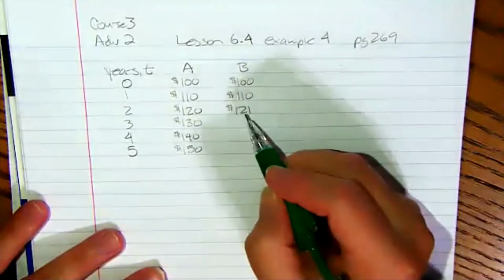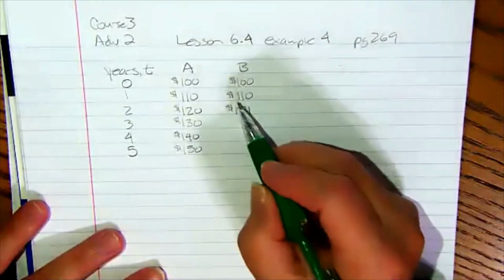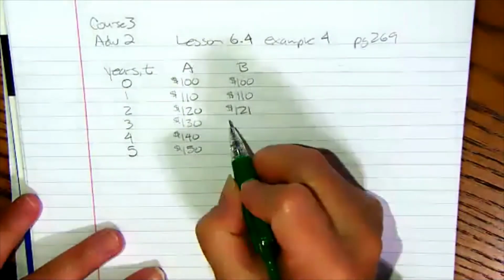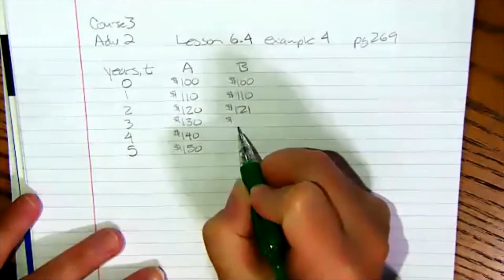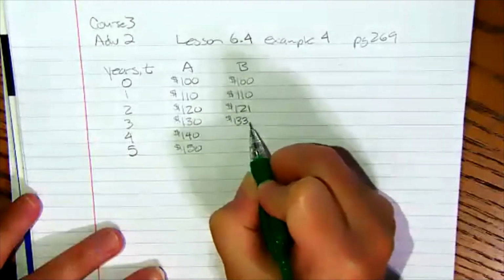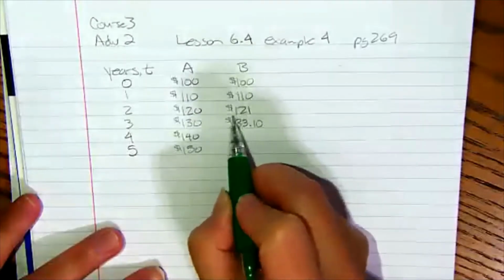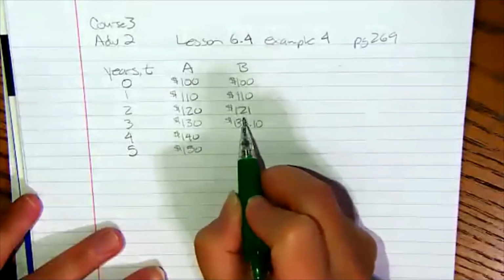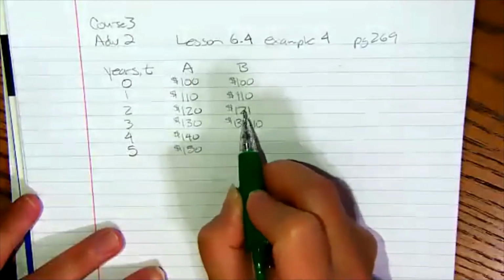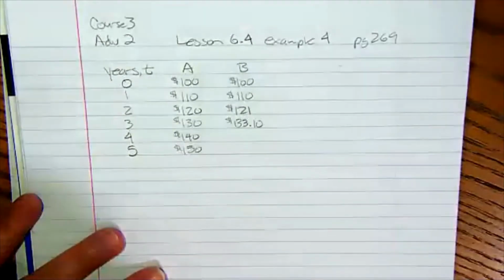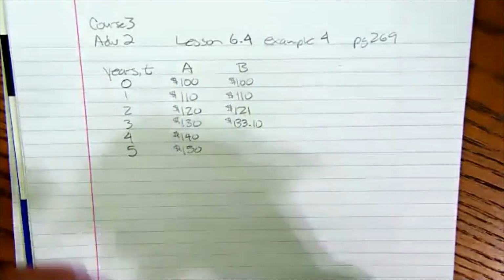So we're earning interest on that $10 interest as well. Now, here, the interest here is based on this 121. So we're earning interest on the initial $100, but on this $21 as well. So the interest is compounding.